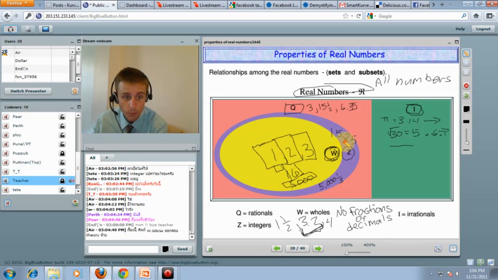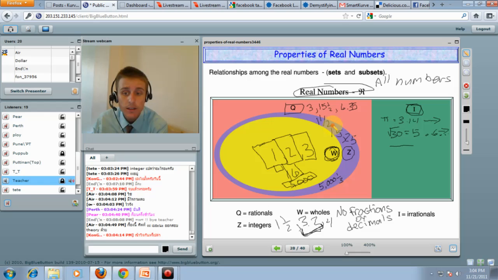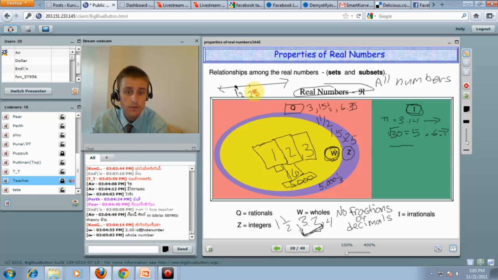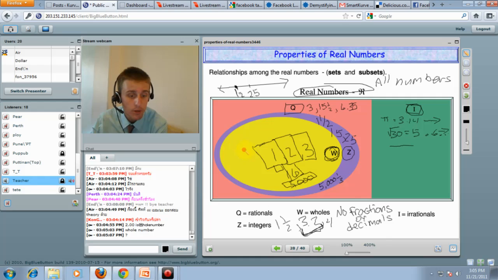An integer can have a decimal point or a fraction. So 1 and 1/2 is an integer. It is still a number. It is still on the number line. It is still a specific place, but it can have a fraction attached. 1 and 1/2. 2.5. 2.00 is a whole number.